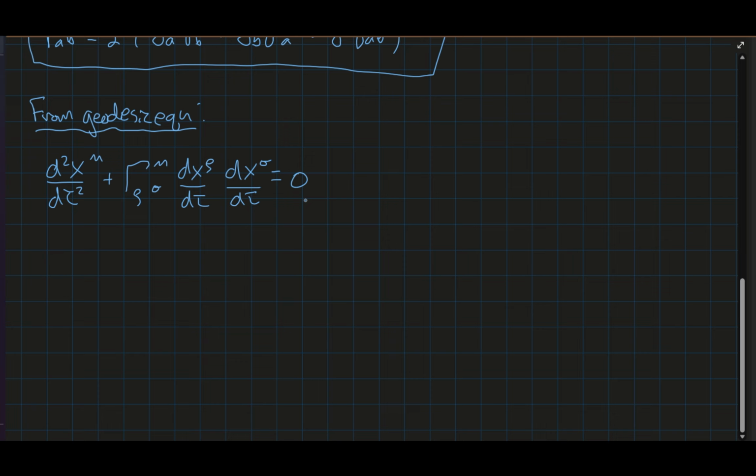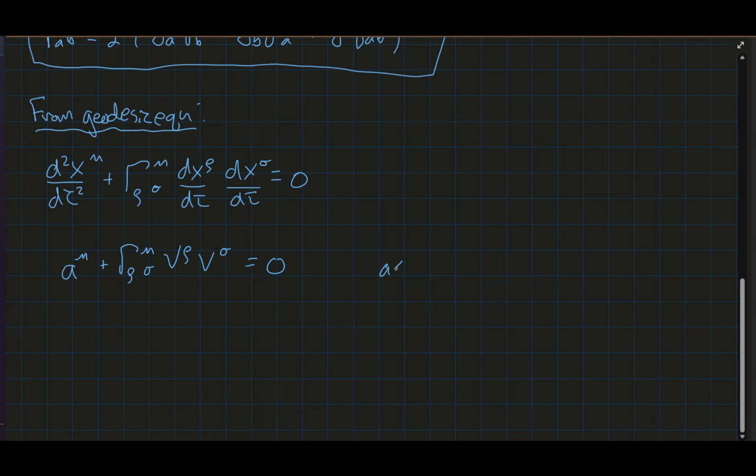That's our geodesic equation, and we can rewrite this because we know the second derivative of a particle's world line with respect to an affine parameter is just an acceleration of some sort. So let's write this as a^mu plus, we'll keep the Christoffel symbol here, but the first derivatives of the world line with respect to the affine parameter are just velocities. So we'll call this v^rho v^sigma equals 0.